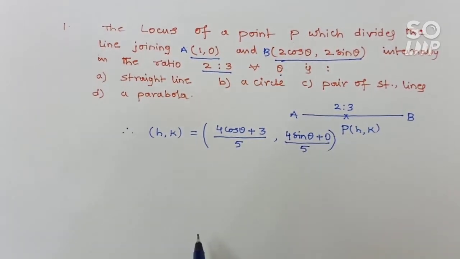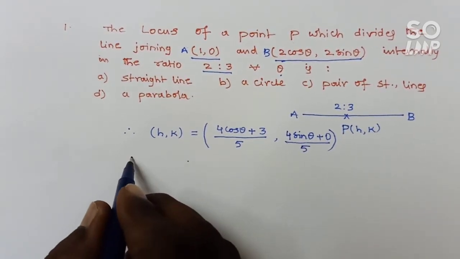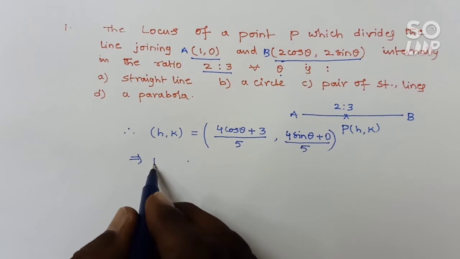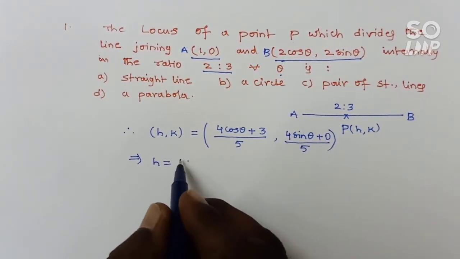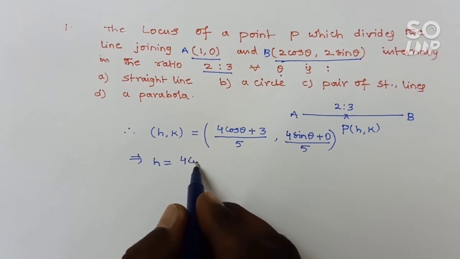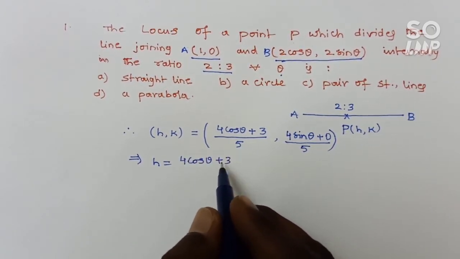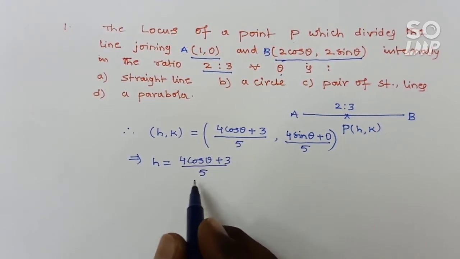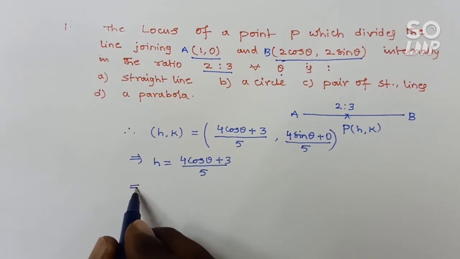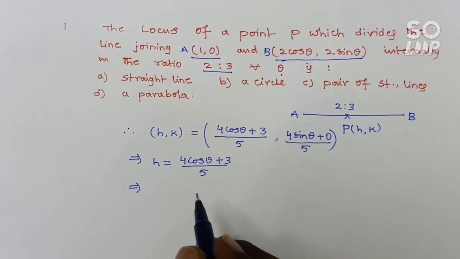Now this implies h equals 4 cos theta plus 3, whole divided by 5. By simplifying, you get 5h equals 4 cos theta plus 3.